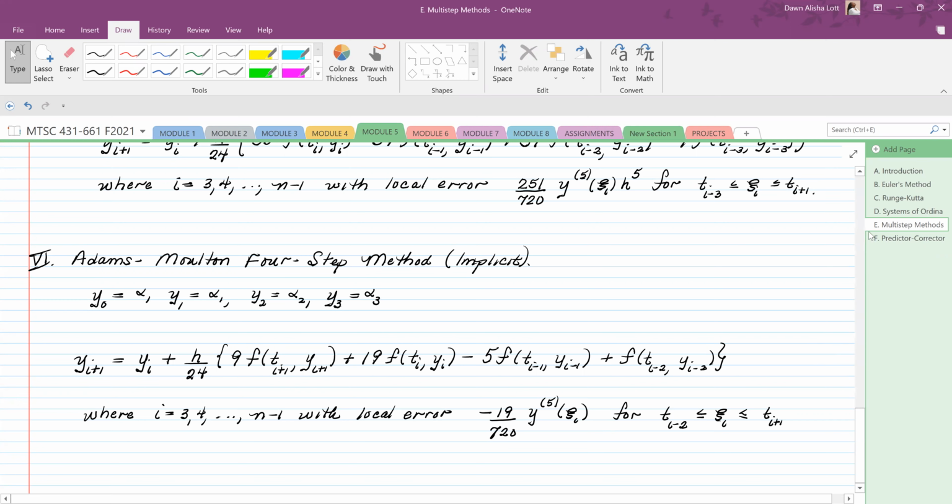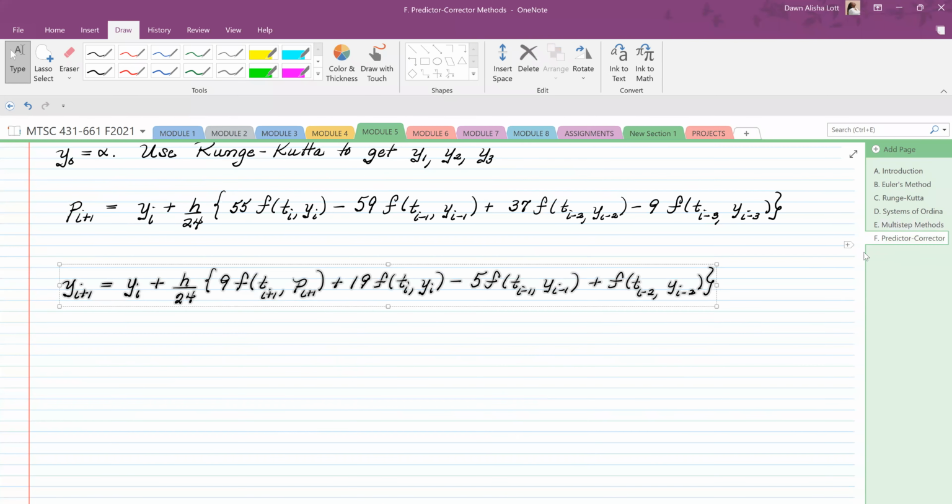In the predictor-corrector, it is the same formula, except we use the predicted value p_{i+1} in the place of y_{i+1}, because we don't know y_{i+1}, but we predict it.